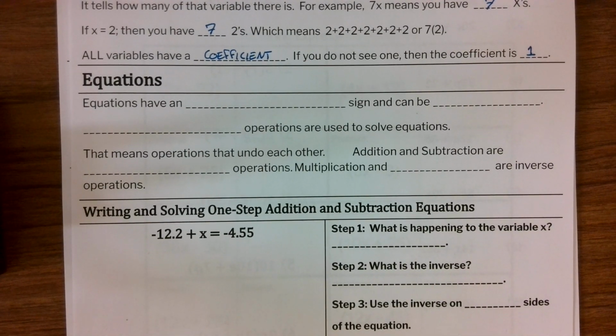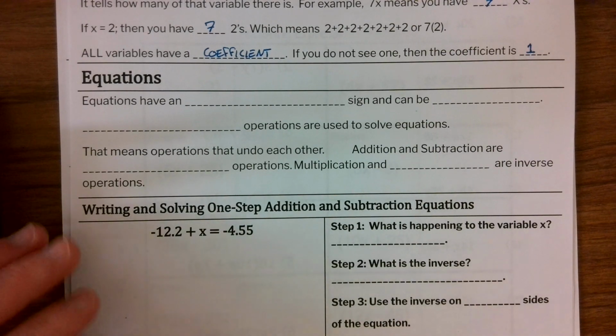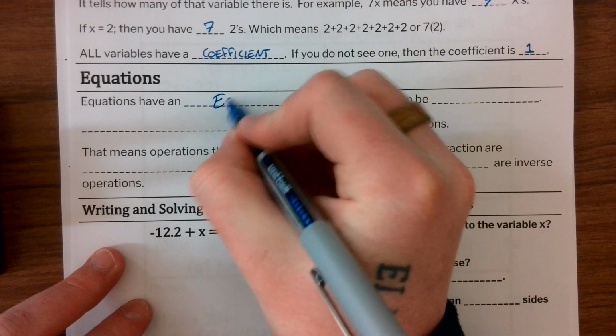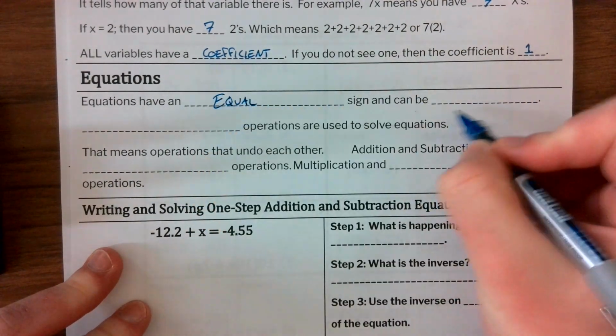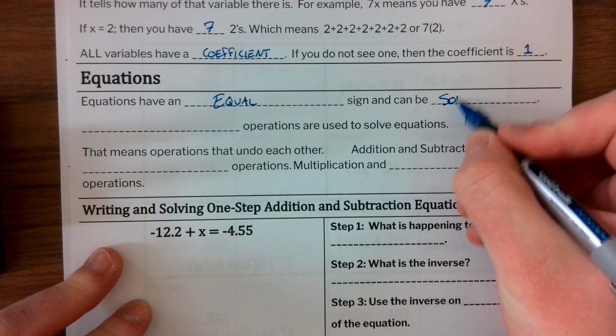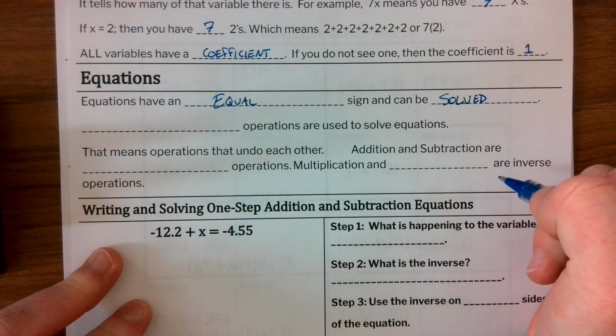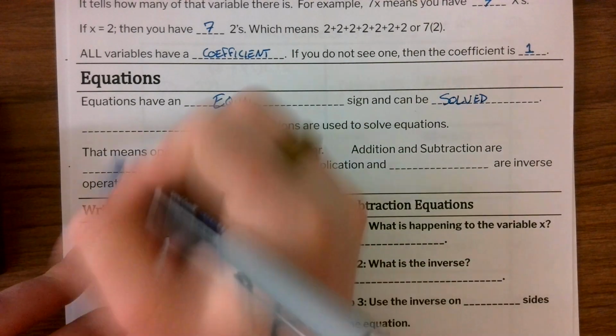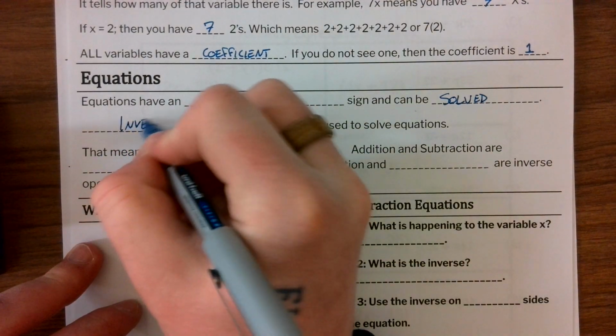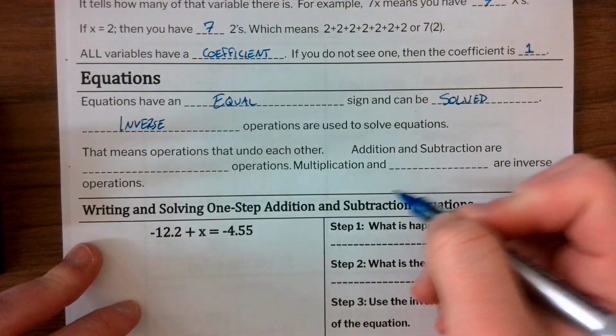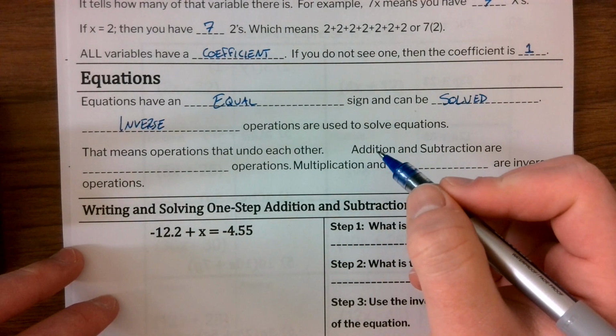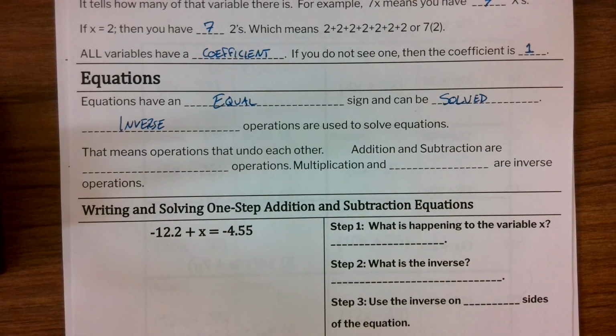All right, let's talk about equations. Equations have an equal sign and can be solved. We use inverse operations to solve equations. That means operations that undo each other, kind of like opposites. Inverse and opposites are similar words.